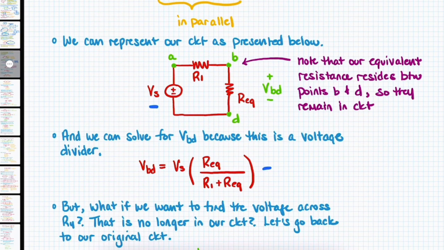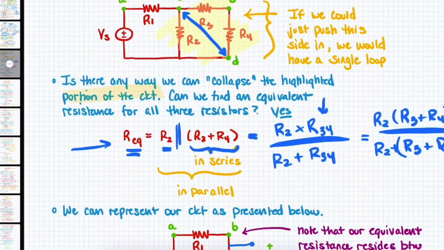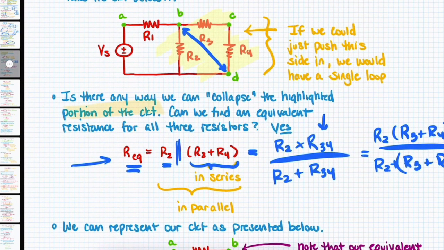So we see here that VBD, the voltage we're observing, is equal to our initial source voltage times the resistance across which we're observing over the sum of both of those resistances. In this equation, where we used R2 above, we're calling R equivalent here. We can't use R2 again because R2 has a different meaning for this circuit.